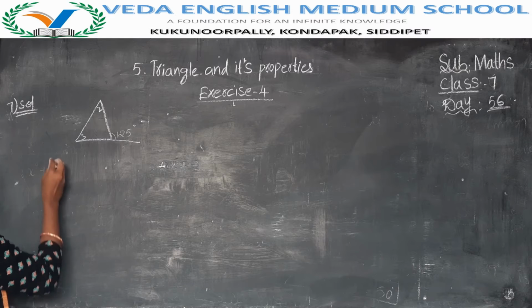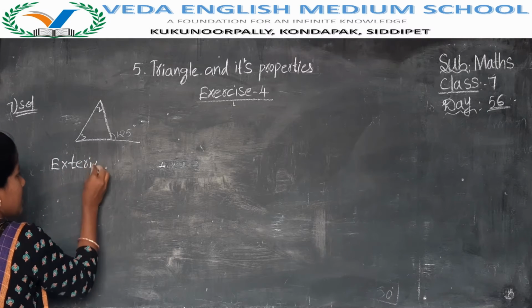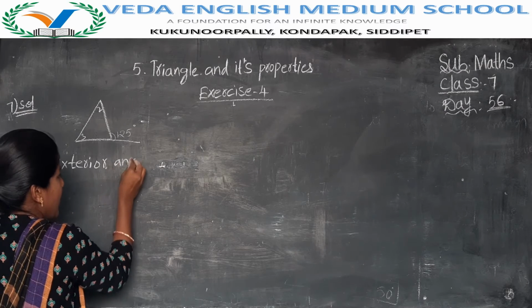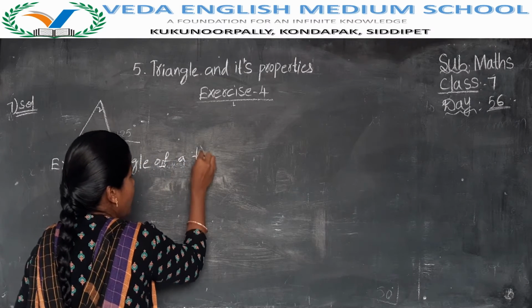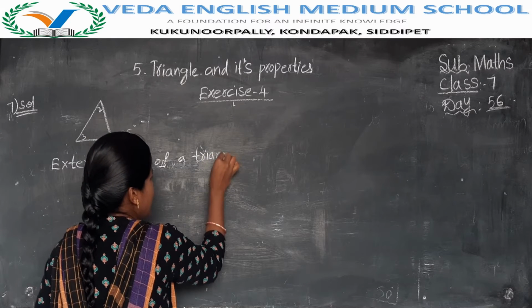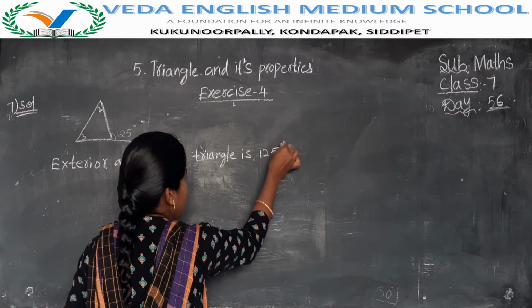Now write here: exterior angle of a triangle is 125 degrees.